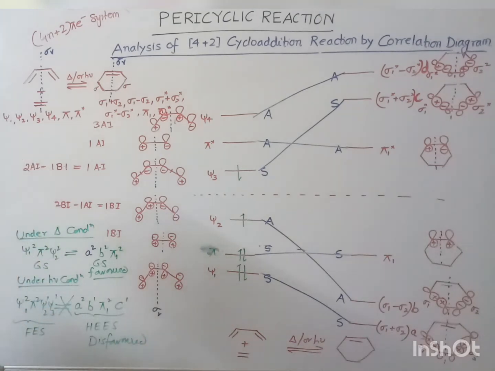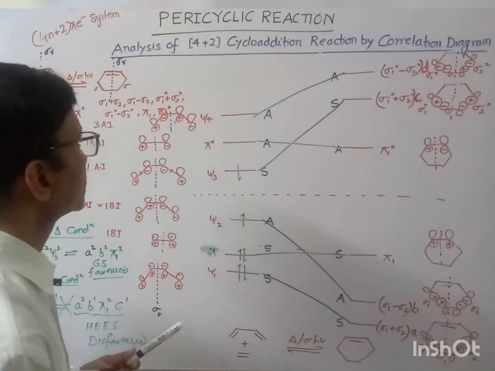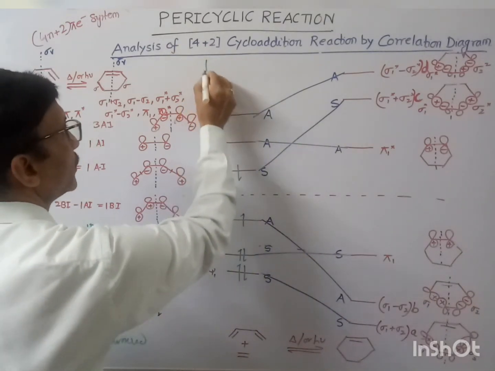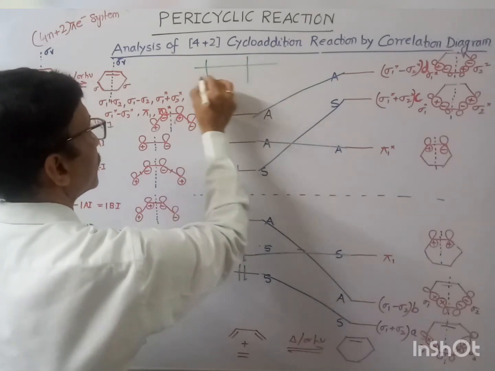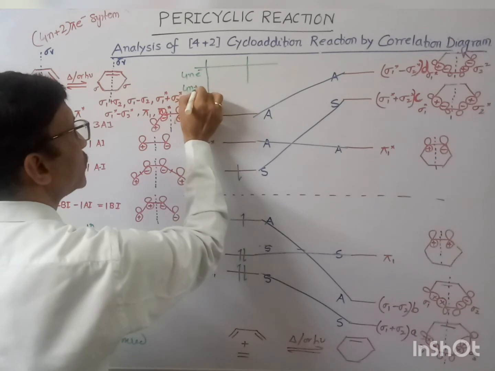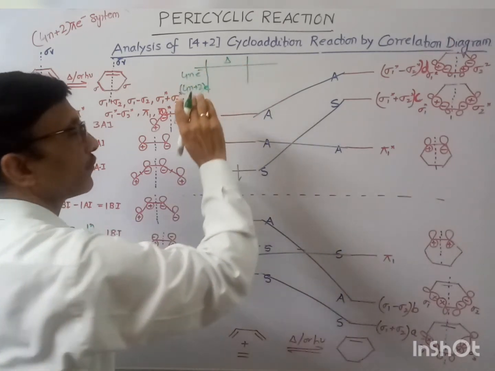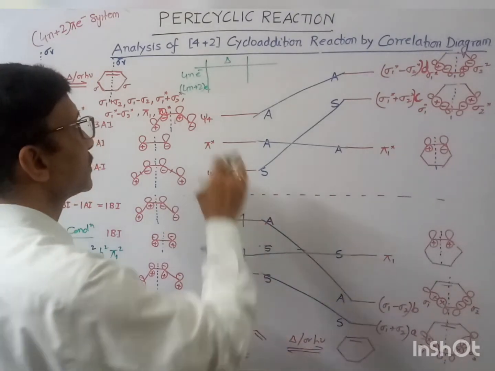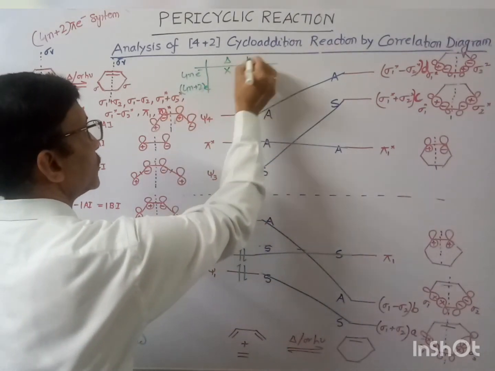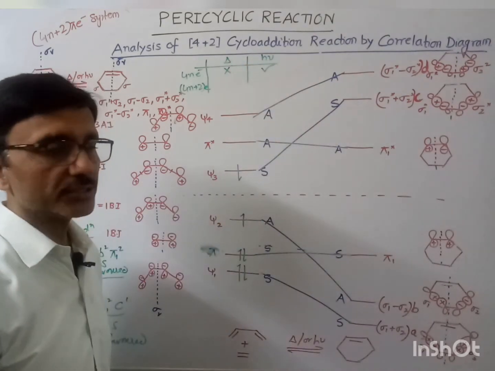But we can write the selection rule for this 4 plus 2 cycloaddition reaction. For 4n electron system and for 4n plus 2 electron system, under thermal condition, what we saw in my previous lecture, for 4n electron system, this was disallowed under thermal condition and allowed under the photochemical condition.